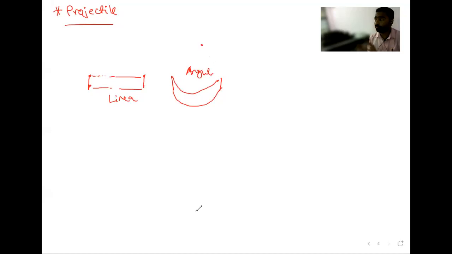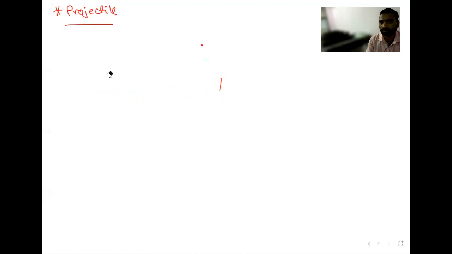Now the combination of linear and angular motion will become projectile. Whenever an object is thrown in the air, it follows both linear and angular components. Suppose a person is standing and throws a stone, it will go and fall on the ground.